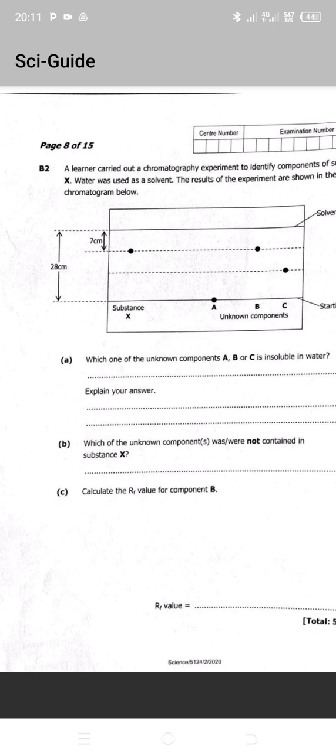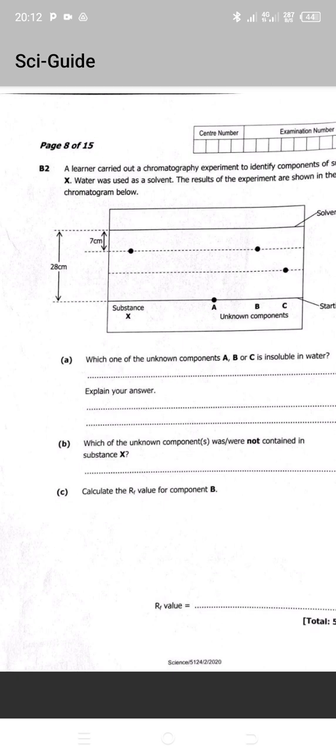It means we'll get the distance that component B has moved. So 28 minus 7 is 21 centimeters, meaning component B has moved 21 centimeters. So we have the distance which component B has moved.